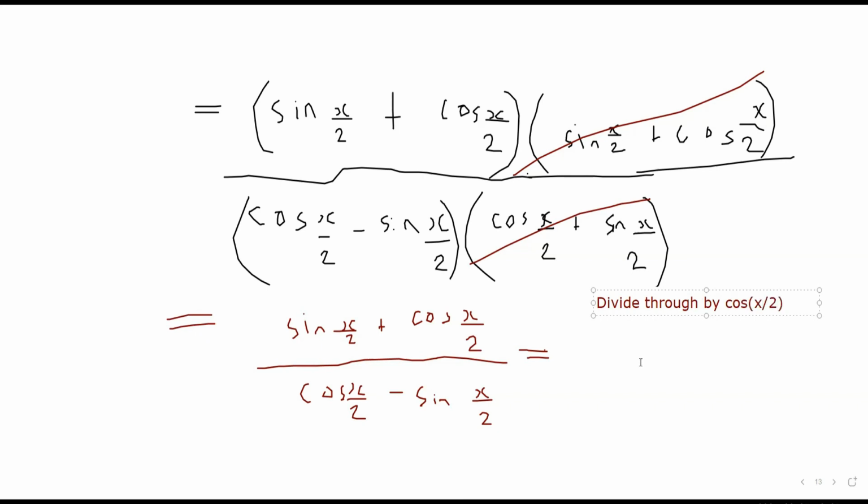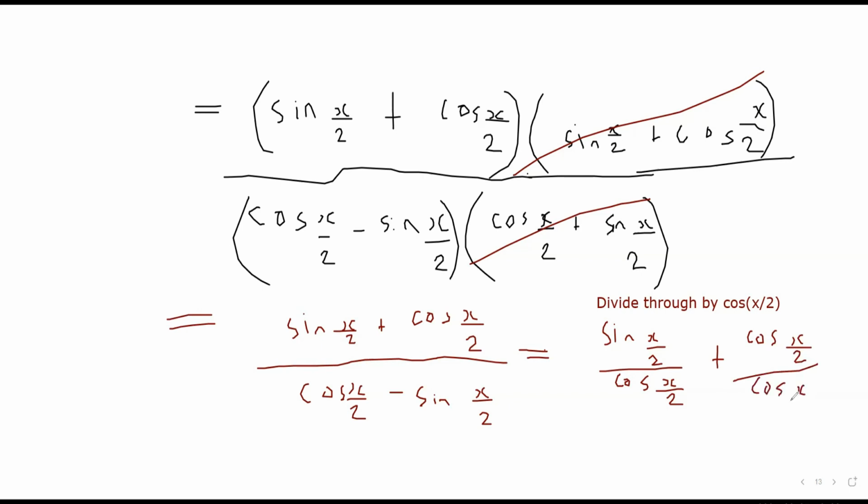Dividing through by cos x over 2, Mr. Platt, as we're going to get right here, is the sine x over 2 over cos x over 2. You agree that that part is tan x over 2, right? Then you're going to have cos x over 2 over cos x over 2.